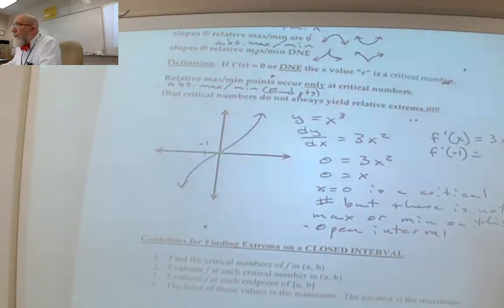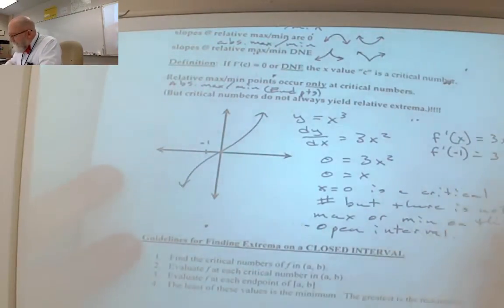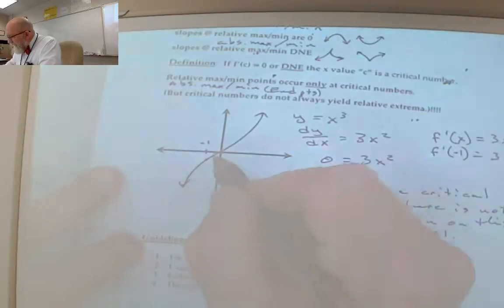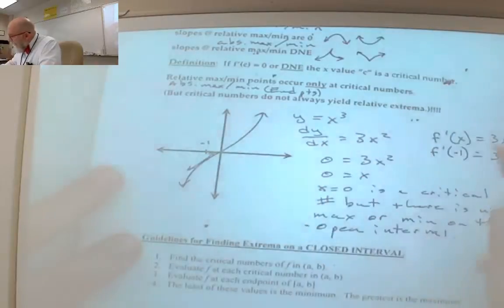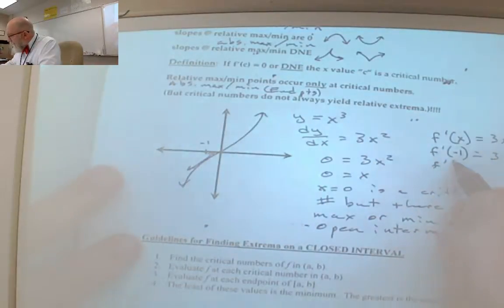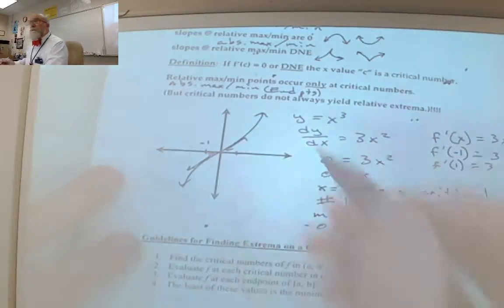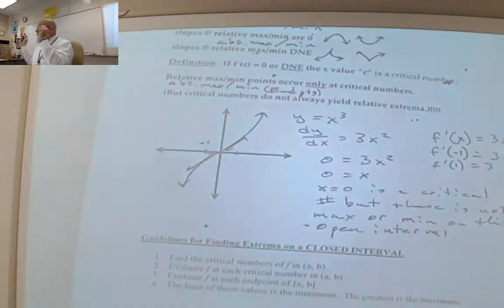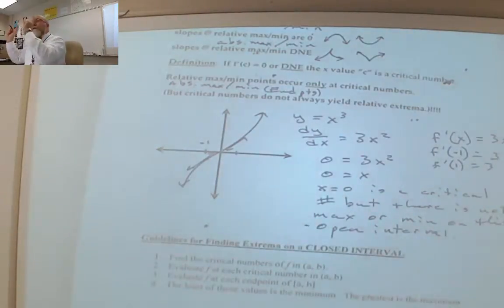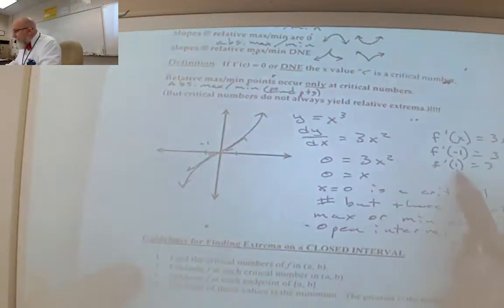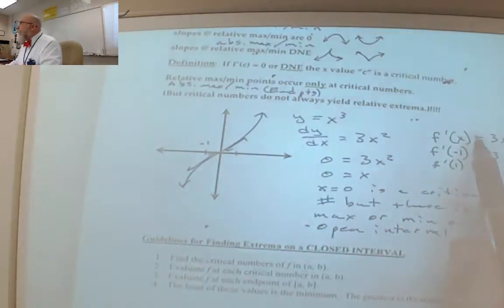What do I get? 3. So right here is a tangent line. It has a slope of 3. I plug in a +1. I'll also get 3. Correct? In fact, except for 0, for every number I put in for x, won't it be positive?